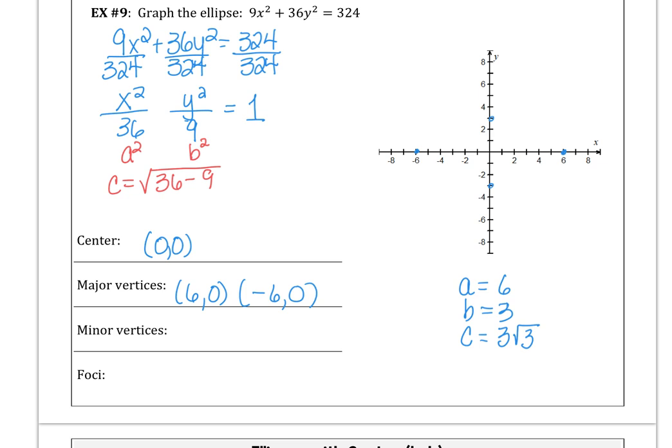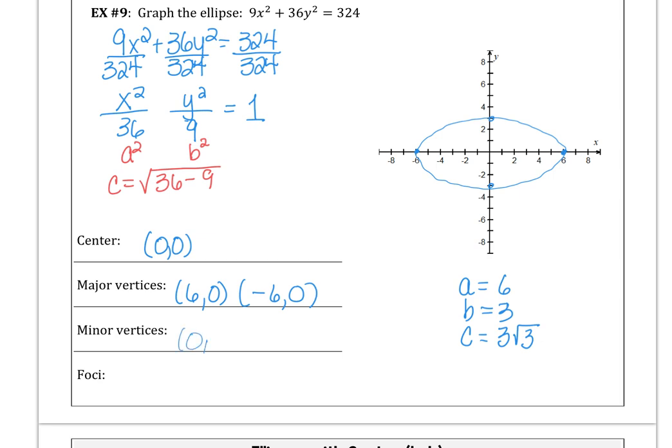That gives us an ellipse horizontally oriented. And then 3 square roots of 3 is a little bit more than, let's see, square root of 27, so a little bit bigger than 5.